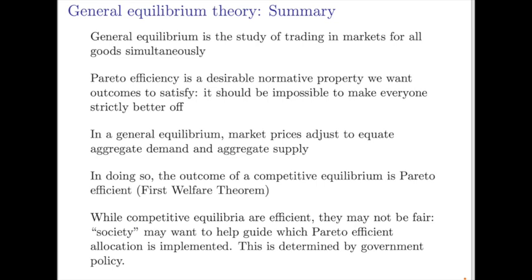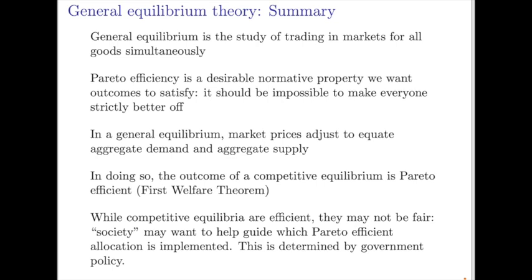Now, as a welfare criterion in the partial equilibrium analysis, we used notions like the producer surplus and the consumer surplus to measure how good an allocation was. But now that gets a little trickier when you look at the market for multiple goods simultaneously.